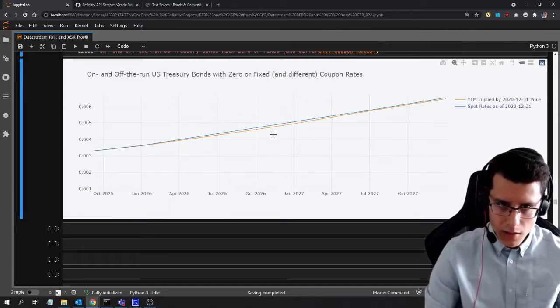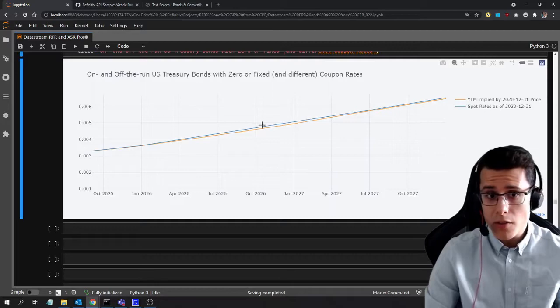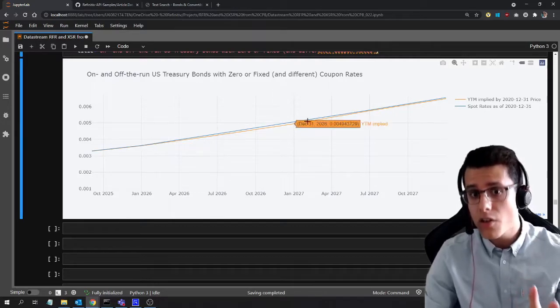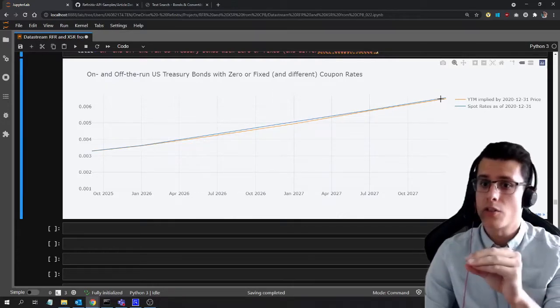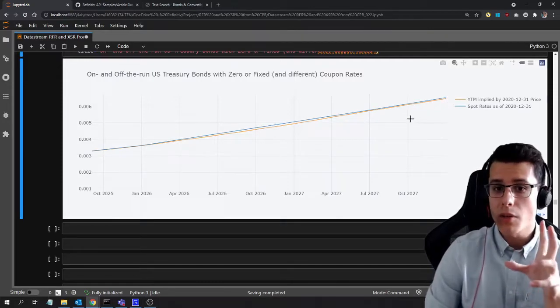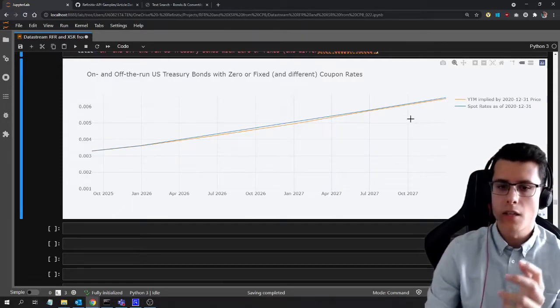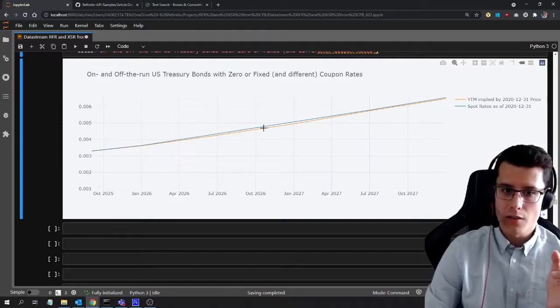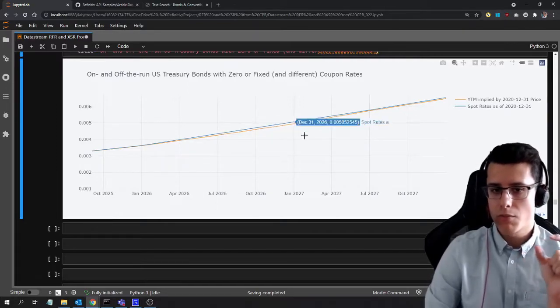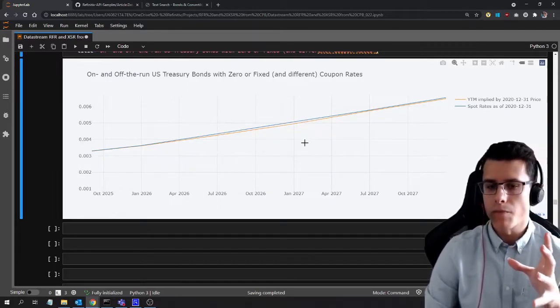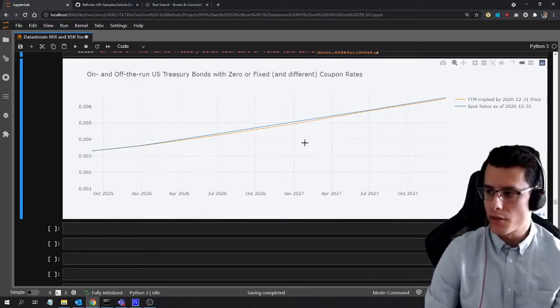But here you can see there's some somewhat straight lines, but it diverges and then it converges towards the end. It actually comes together, and I believe that might be something to do with trade costs, because maybe this gap here, this spread, wasn't enough to compensate for the trade costs.